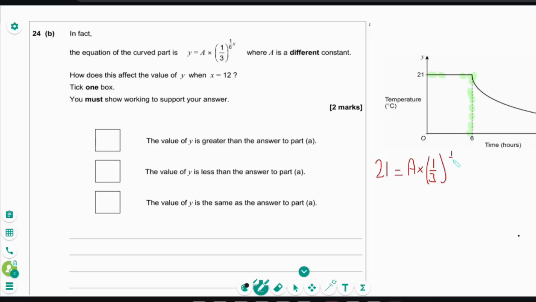So a sixth times x, a sixth times 6 is just 1, isn't it? So we got 21 equals a times a third. Times both sides by 3. A is 63. So now we know a. So if x is 12, we want to work out the value of y.